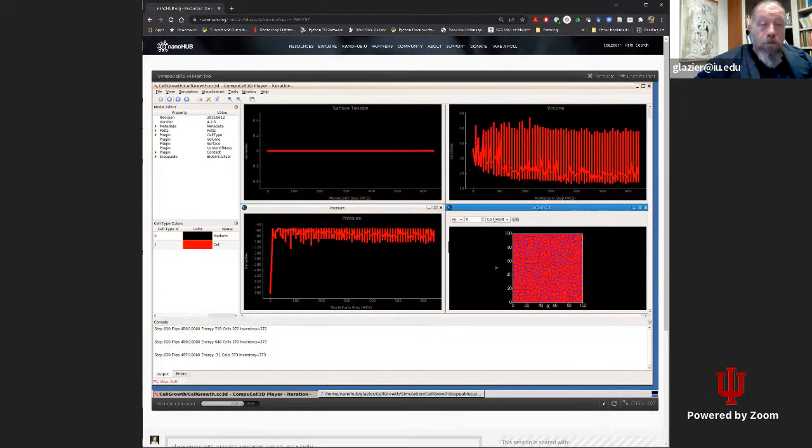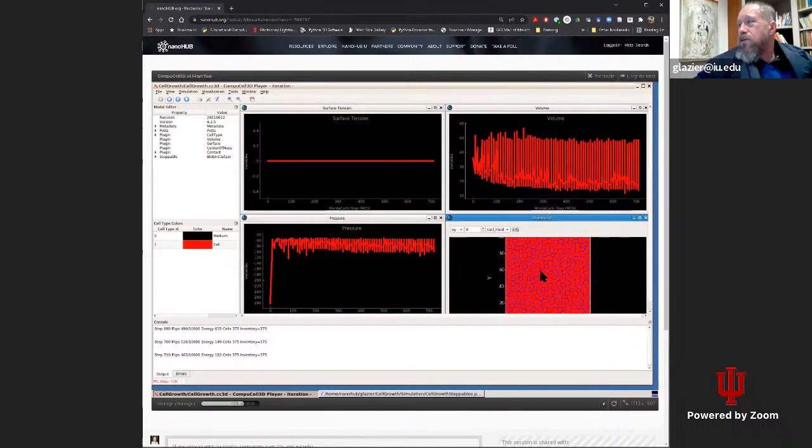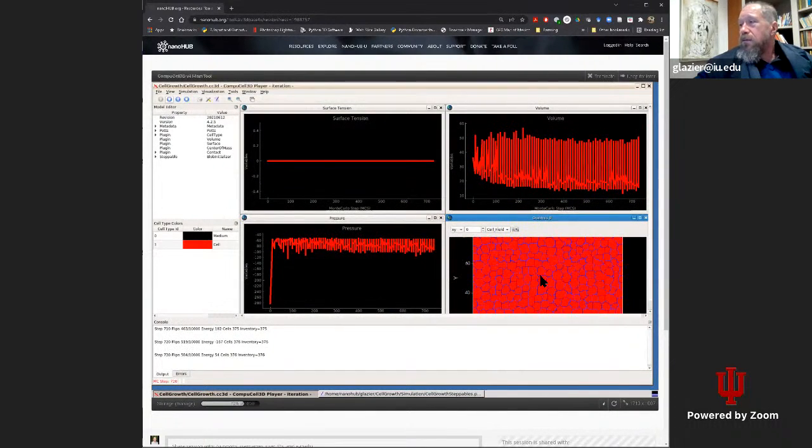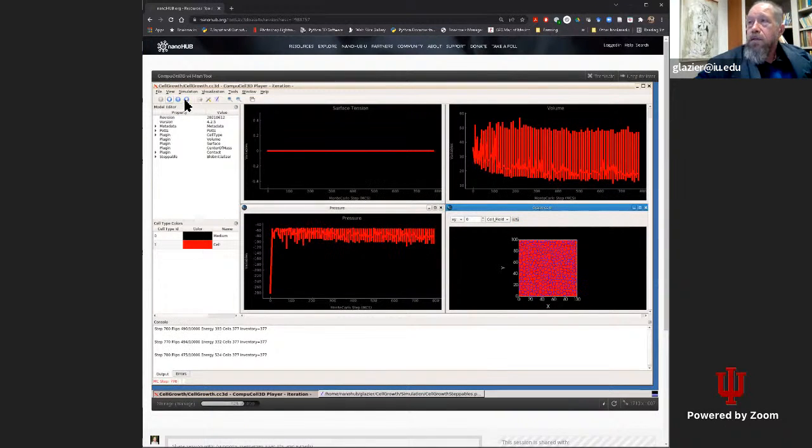So the system is equilibrating. I don't know if I'm getting any cell division here or not, but everybody's coming more or less to equilibrium. So that's a reasonably well-behaved result.